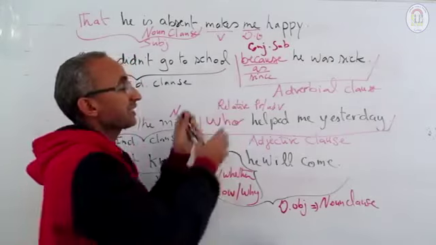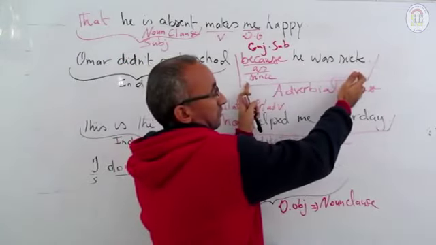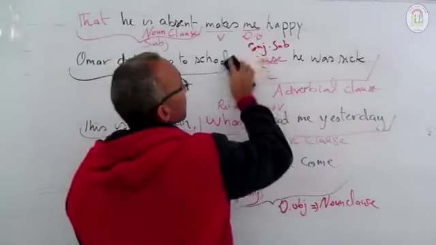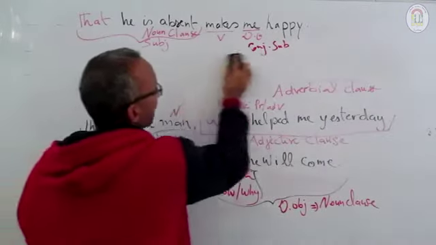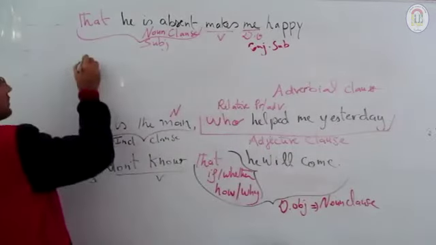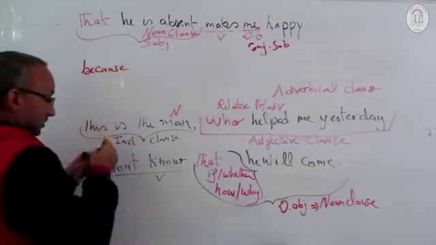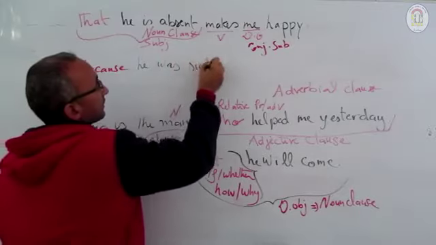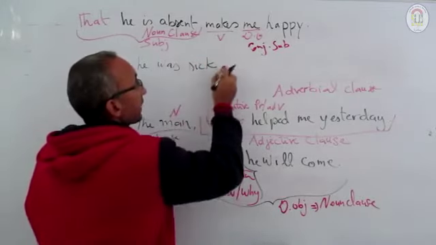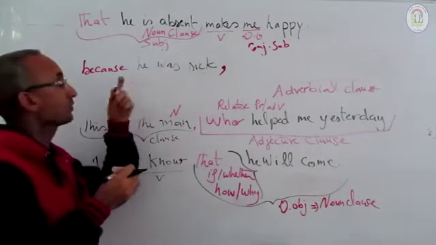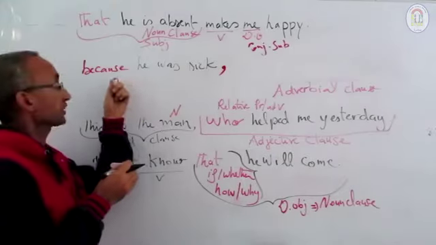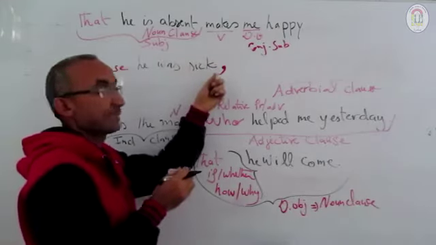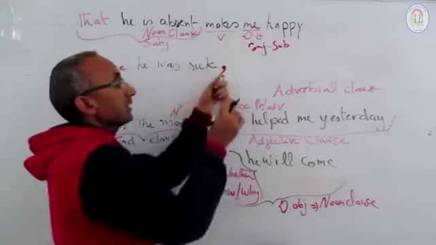Now, in case the sentence starts with this dependent clause, and we write, because he was sick, for instance, here, whenever I start my sentence with an adverbial clause, which starts with one of the conjunctions of subordination, I must always separate this dependent clause from the other one by a comma.